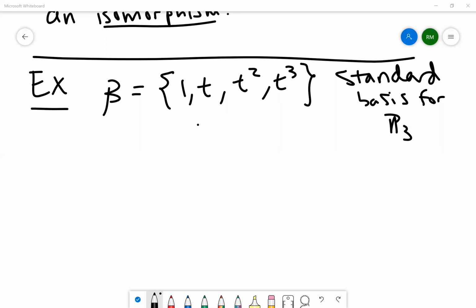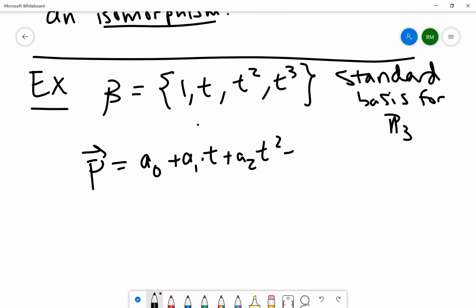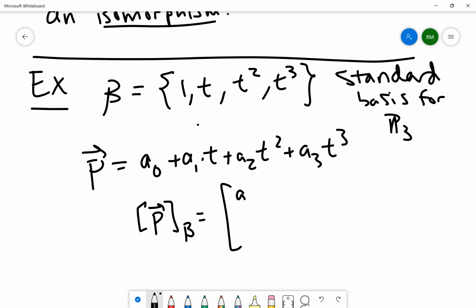What I observe is that a typical polynomial is equal to a constant plus a constant times t plus a constant times t squared plus a constant times t cubed. And if I write the coordinate vector of my polynomial, it's an element of the real numbers to the fourth power.